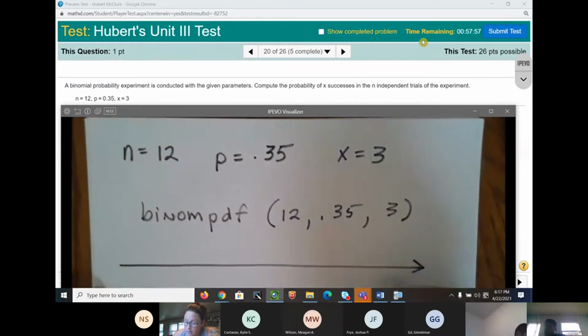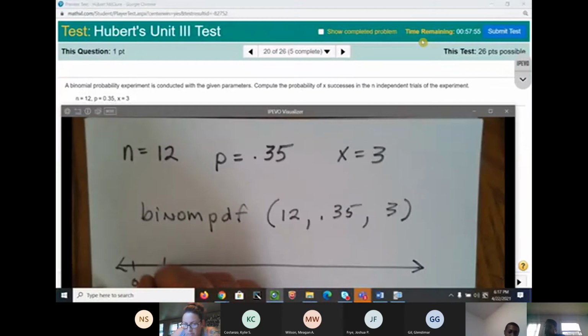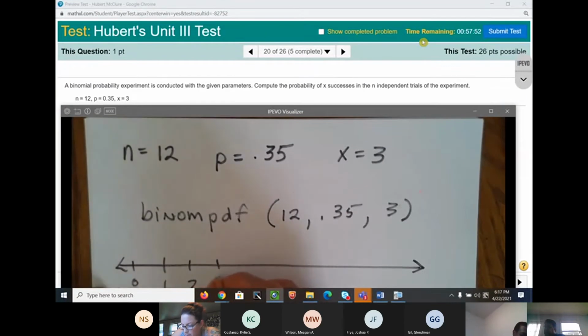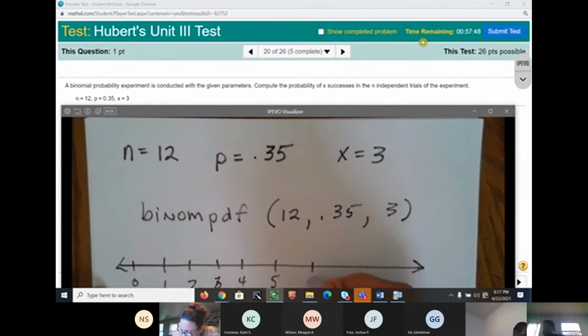It's equal to. So on the number line, 0, 1, 2, 3, 4, 5, 6, 7, 8, up to 12.